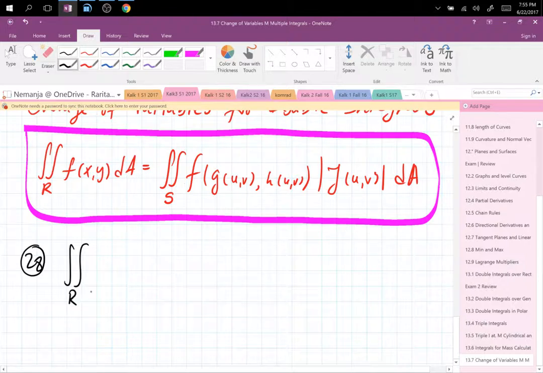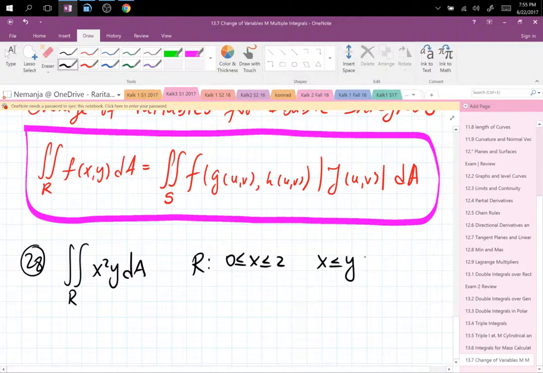Double integral over region R of x squared y dA, where the region R is given by 0 less than or equal to x less than or equal to 2, and x less than y less than x plus 4.